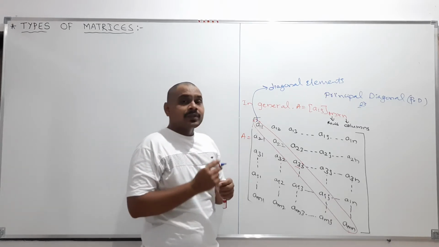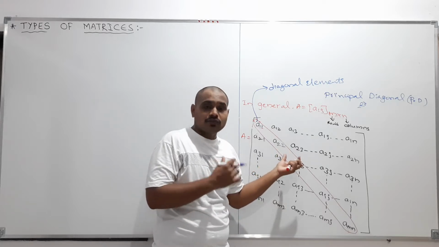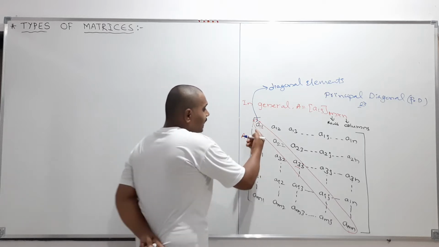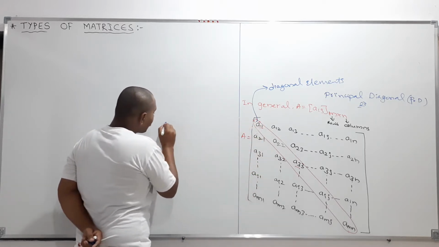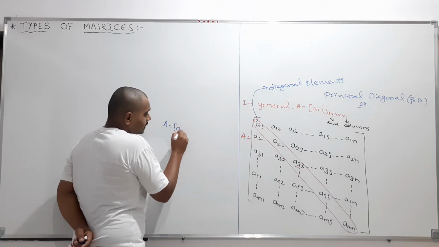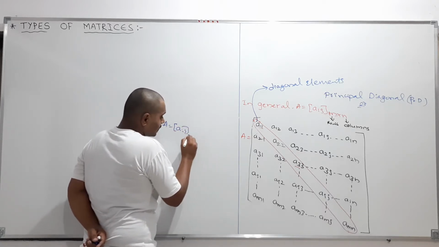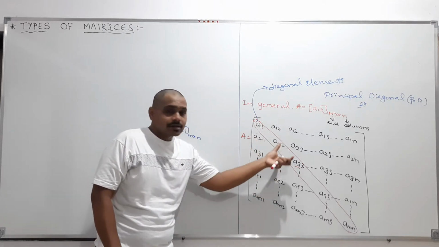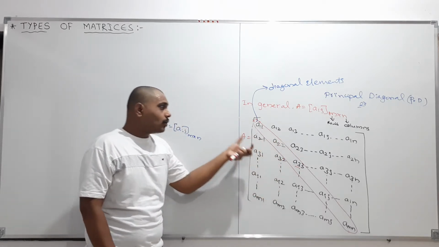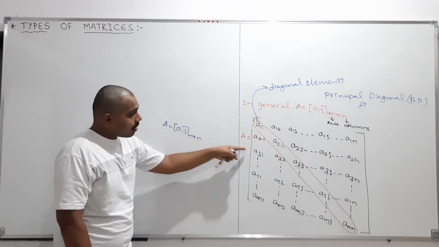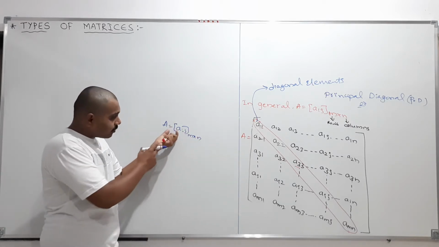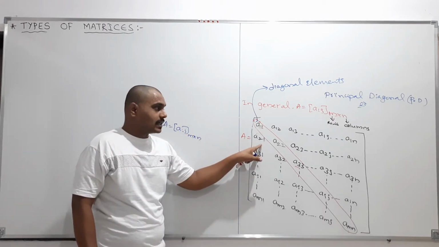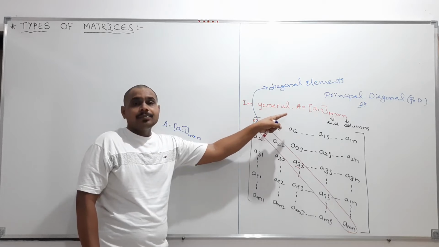This information we know, and in words we tell it like this. But in mathematical form, how should I write it? If A equals Aij, this is a matrix of order m cross n. We can write the elements within brackets, or we can write this compact form of the general matrix of order m cross n.